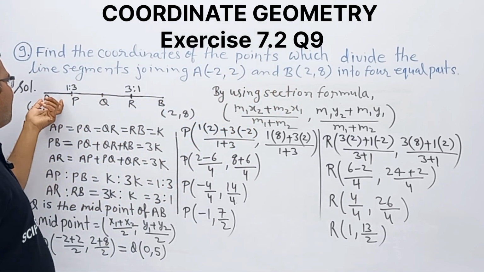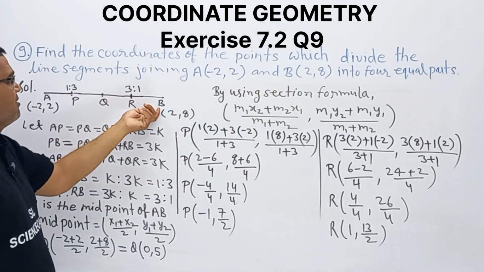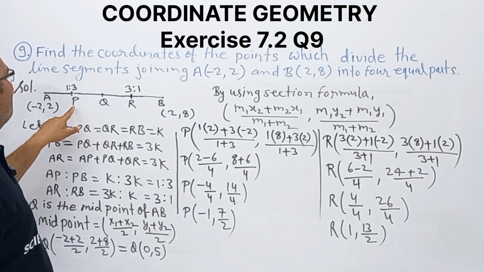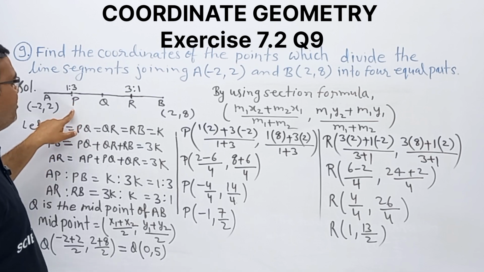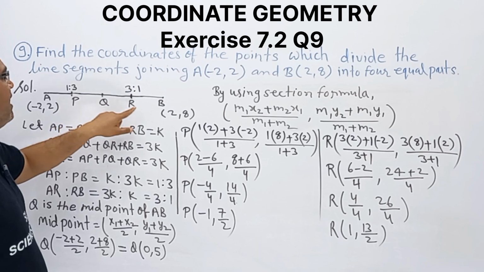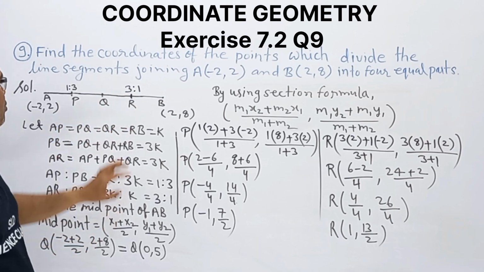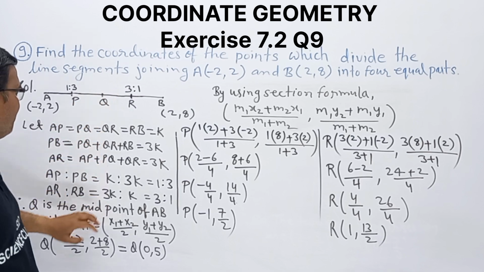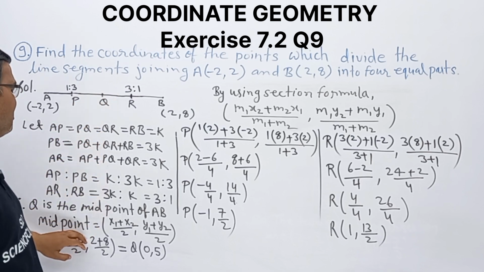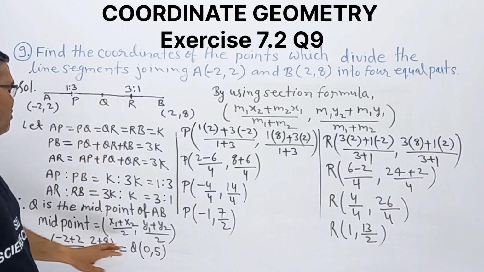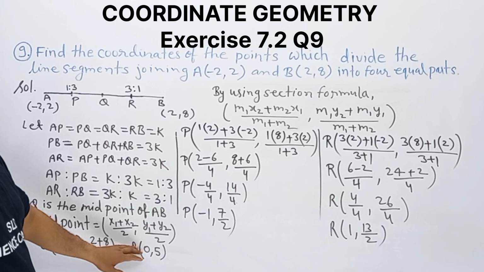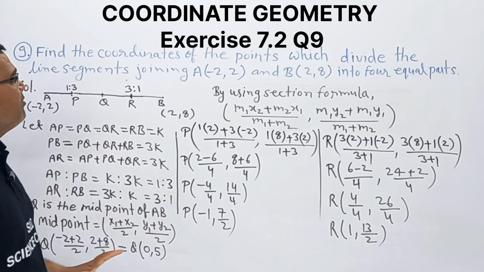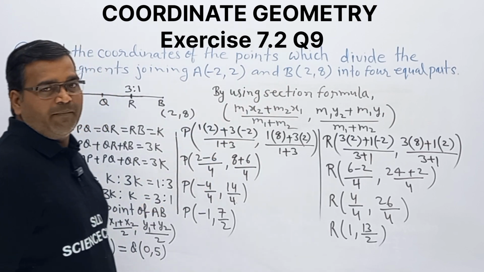We want to find the coordinates of points P, Q and R. Q is the midpoint, so by using the midpoint formula we can easily find the coordinates of point Q. P and R we get by using the section formula.